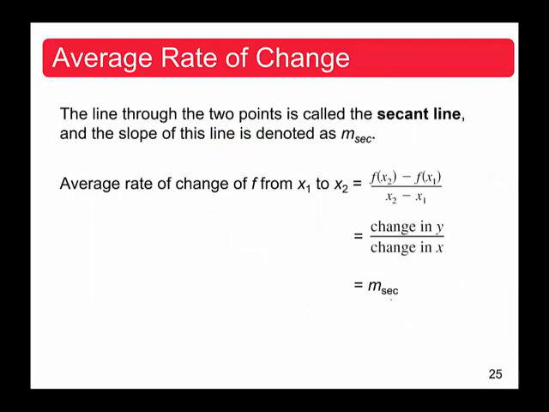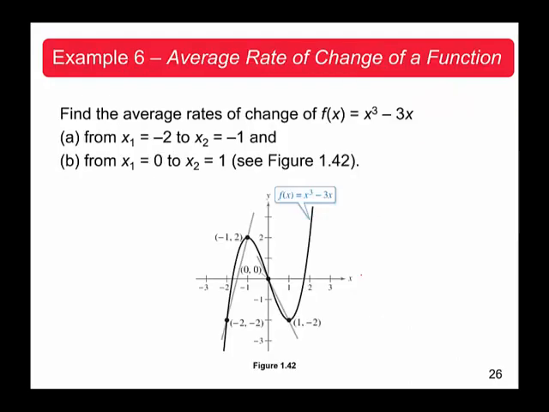And this is what we call the secant line, right? Secant line between those 2 points. We can use the symbol m with a subscript sec. Sec means secant line. So the average rate of change of f from x equal to x1 to x equal to x2 is basically f of x2 minus f of x1 over x2 minus x1. Changing y over changing x. Exactly the definition of the slope. And that's how we find the slope of the secant line.